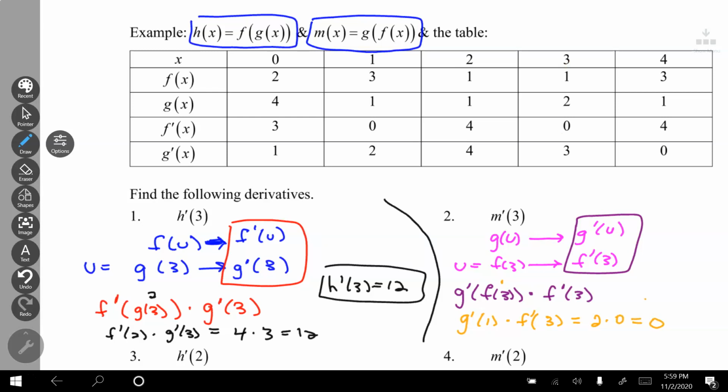I get 0 as a result. So m prime of 3 is equal to 0. Okay? It's doing the same thing, but we're not working with formulas, we're working with numbers inside of a table.